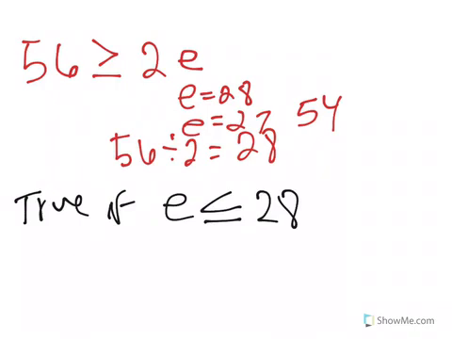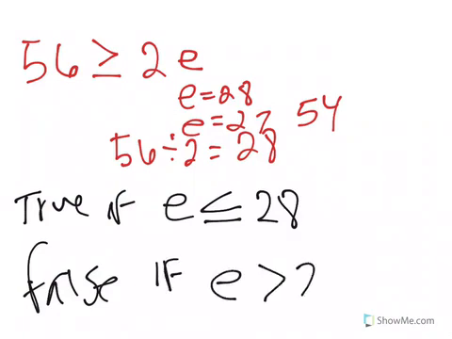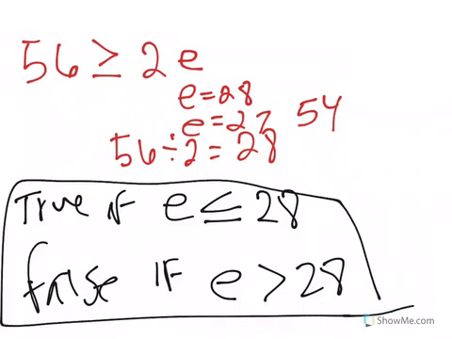So 56 is greater than all those numbers. It would be false, however, if e was greater than 28. So if we took 2 times 29, that's going to be 58, and 56 is not greater than or equal to 58, right? So anything that is larger than 28 would mean that that statement is not true, so it would be false.